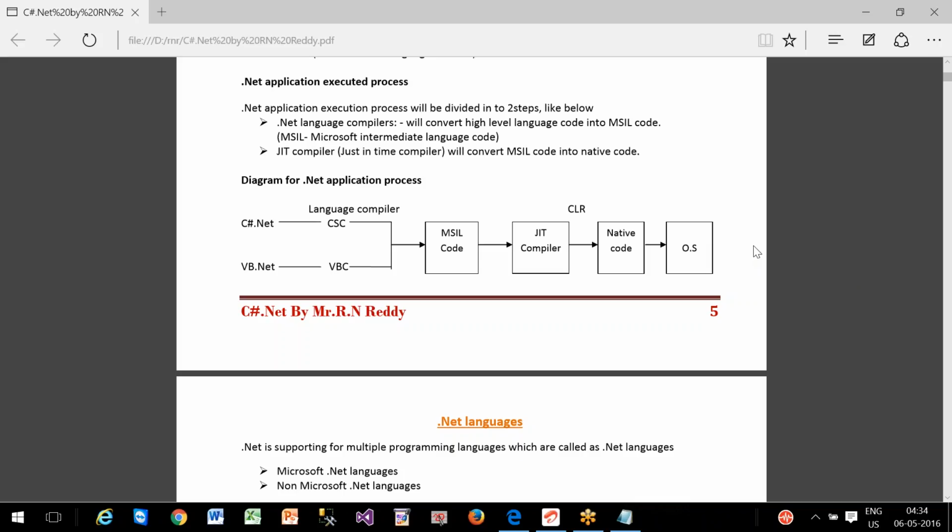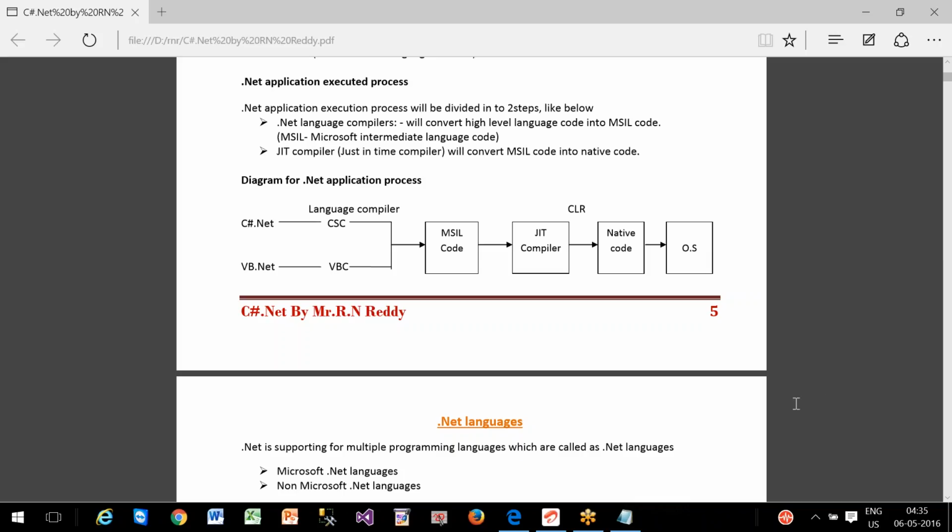We write the statement called printf. Printf is in C, but printf is English. If you want to print something by using C++, we write cout.